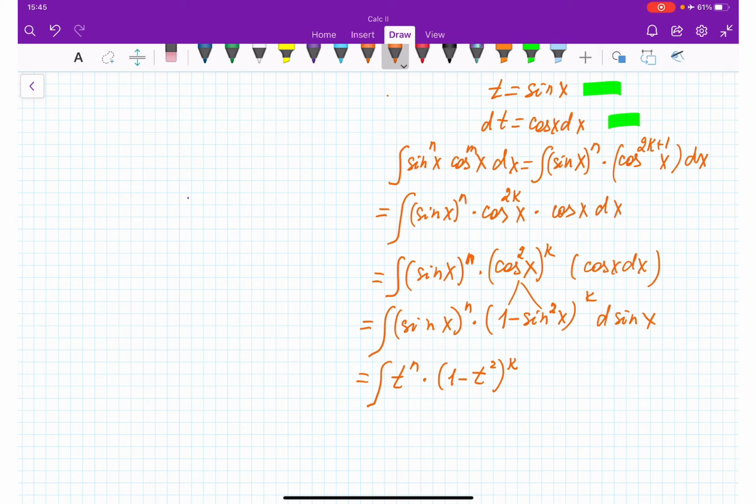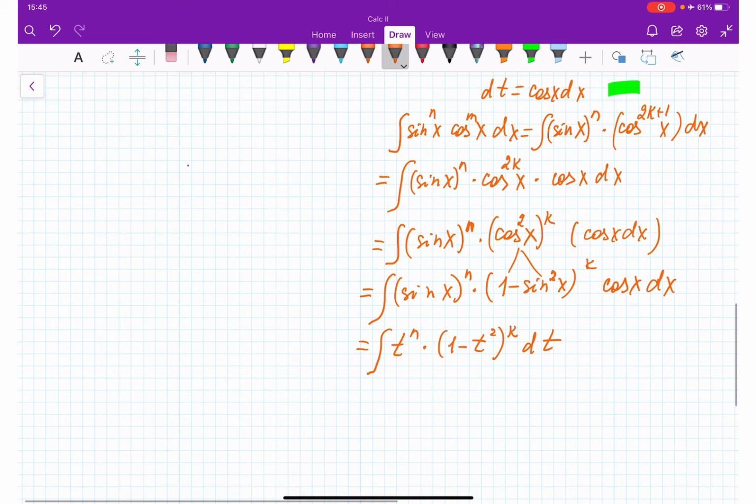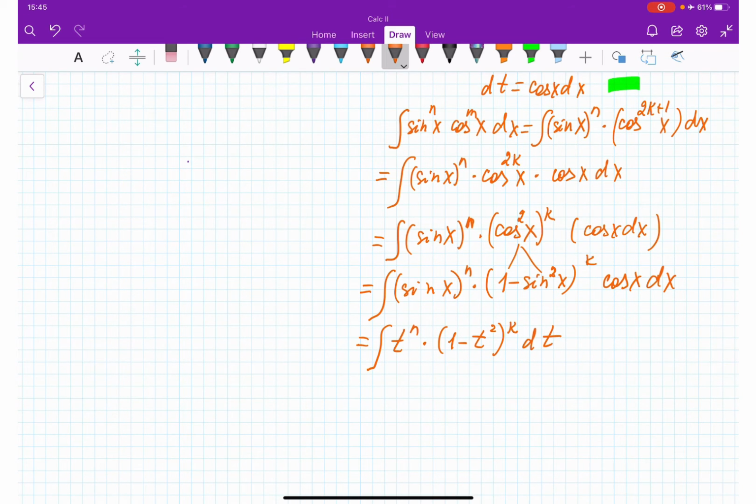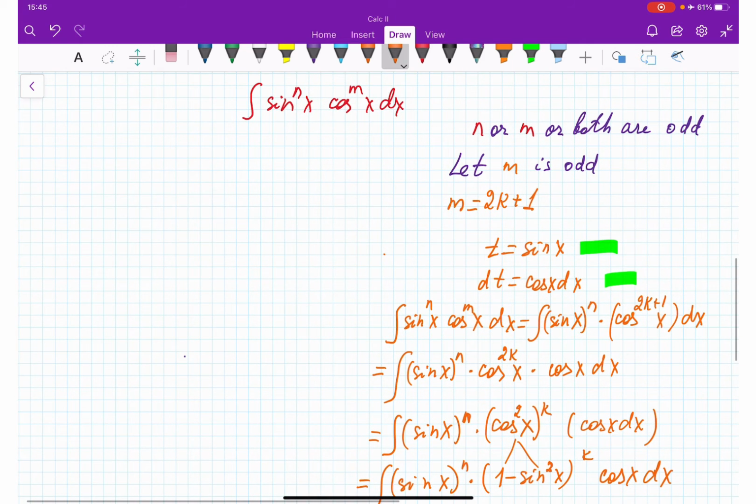Actually, I don't even know why I wrote it this way. I could keep it just like that, so as not to confuse, cosine x dx is going to be dt. And that's it. This is the expression that we will get under the integral when we do integration of sine and cosine with some exponents. So let's practice this and see what we're going to do.